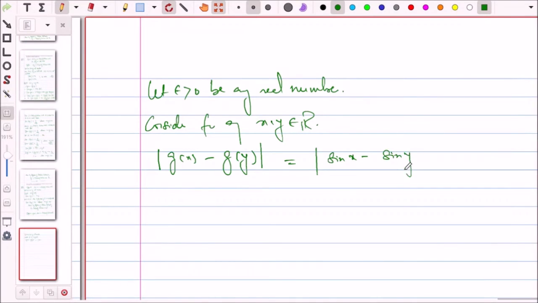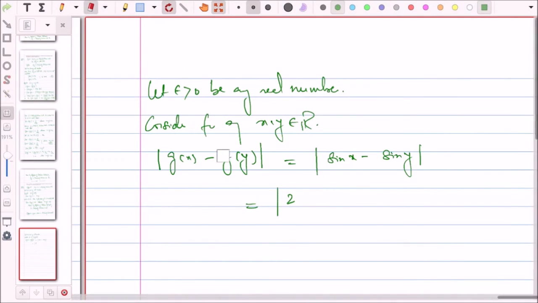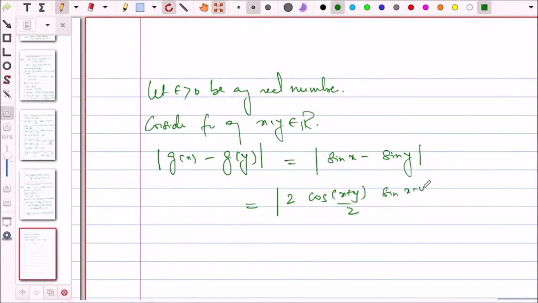Now we will use the formula for sin a minus sin b. So this is 2 cos((x + y)/2) sin((x - y)/2).